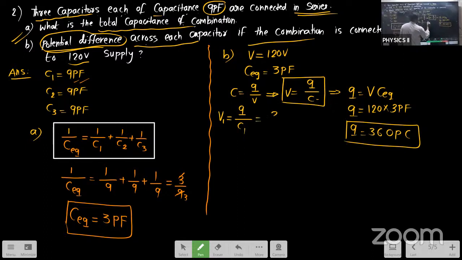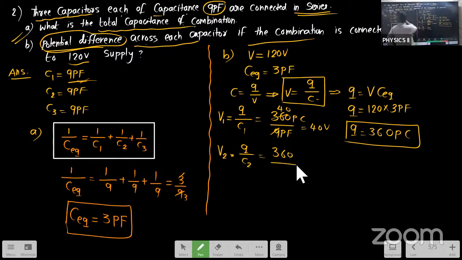Let us substitute this value here. This will become 360 divided by the value of C1, 9 picofarad. So here we get 9 times 40 is 360, so this will become 40 volts. Now the voltage across capacitor C2 is Q divided by C2. Here also the same charge, 360 divided by the second capacitance.